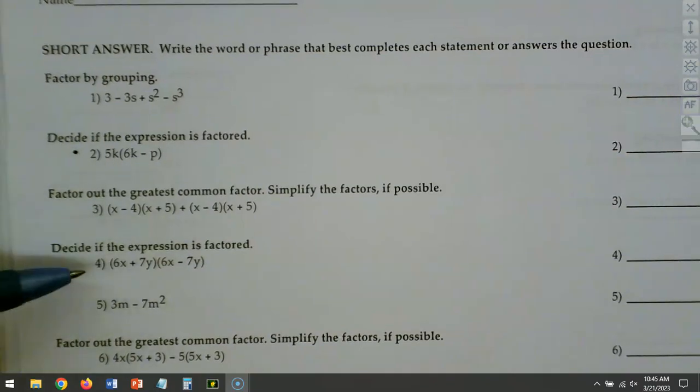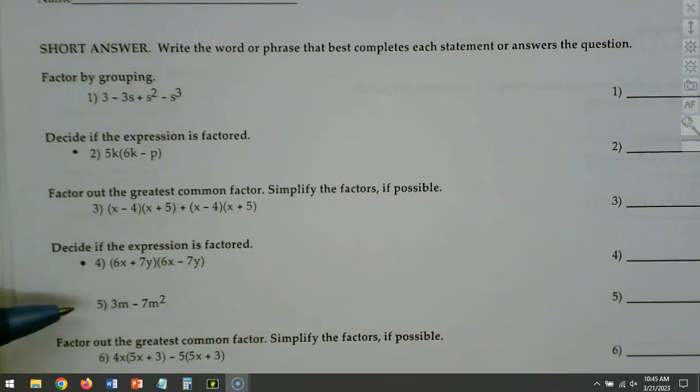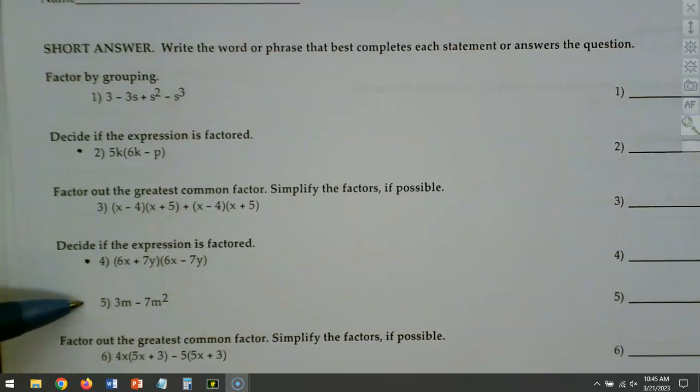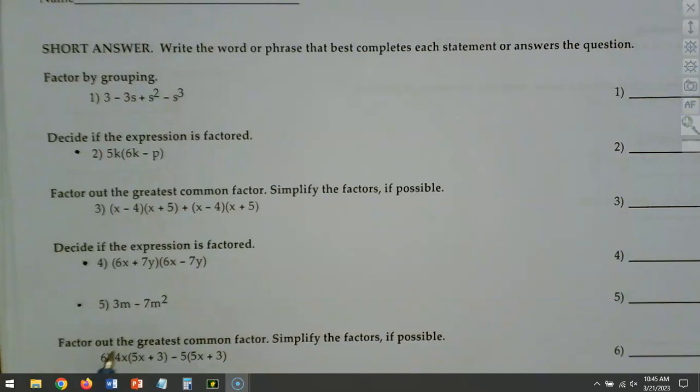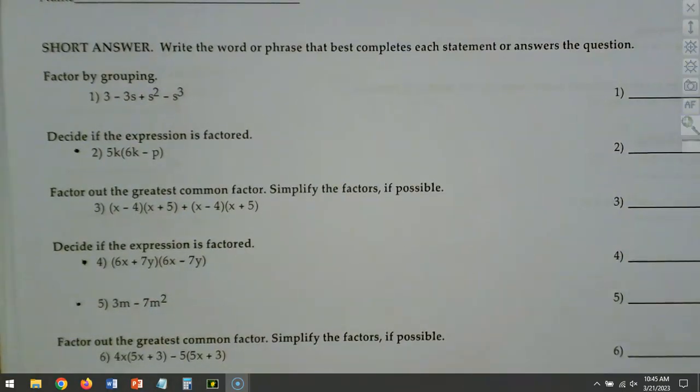What about 4? Has that one been factored? Yes. What about 5? Has 5 been factored? No. Why has 5 not been factored? Because what can I take out of here? I can take out the variable n, right? So if you can take something out, it has not been factored.